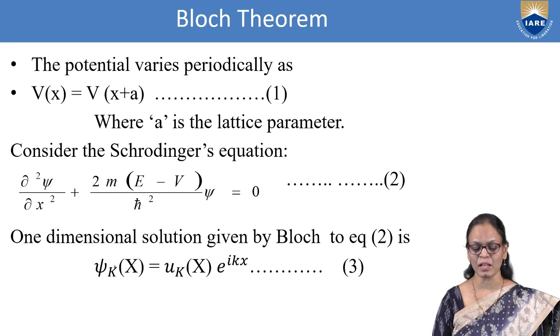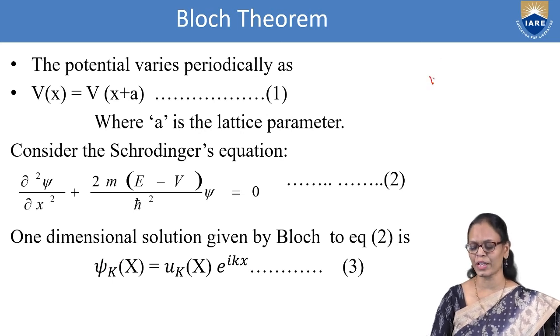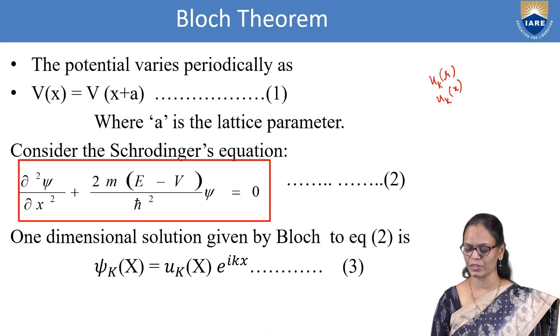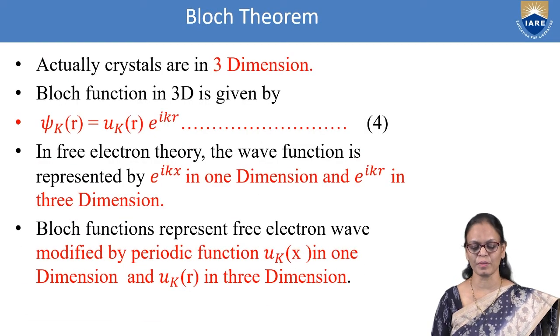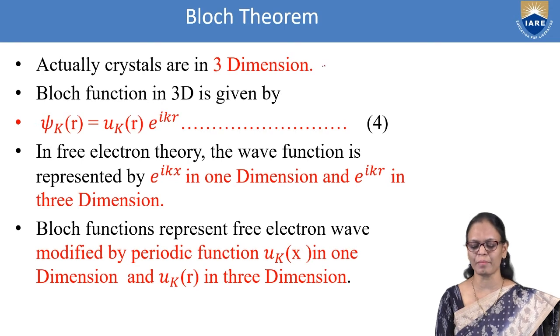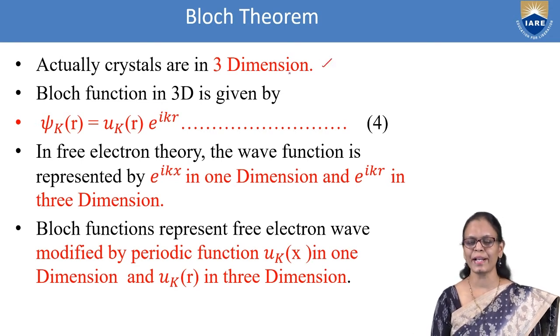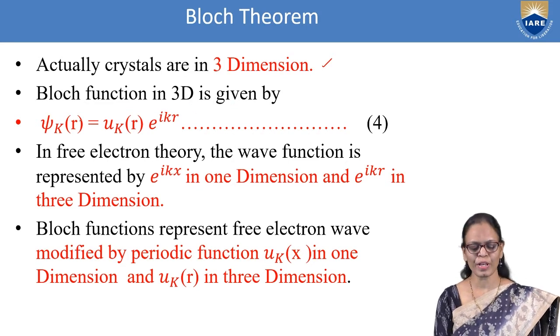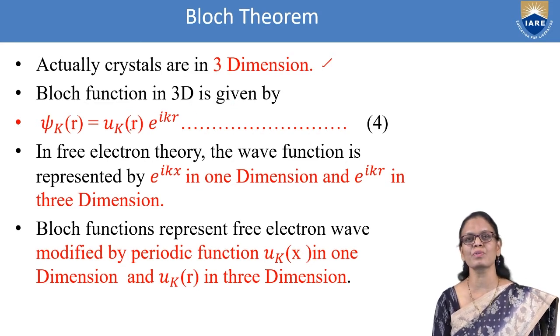We were talking about u k of r, and now we represent it in terms of u k of x, because actually crystals are in 3 dimensions. The Bloch function in 3 dimensions is represented as psi k of r is equal to u k of r e power ikr.